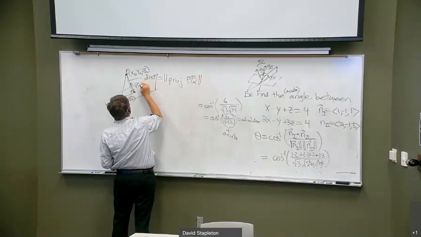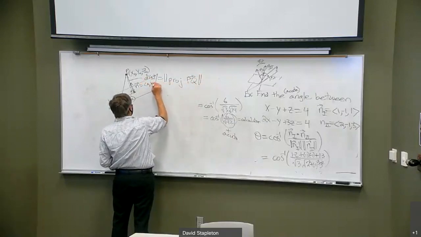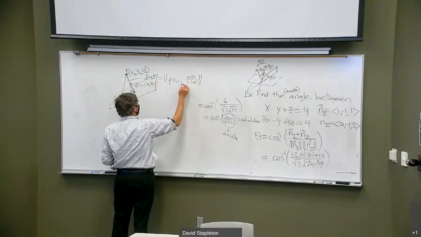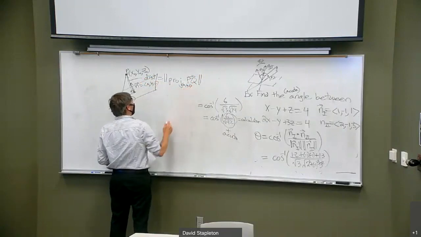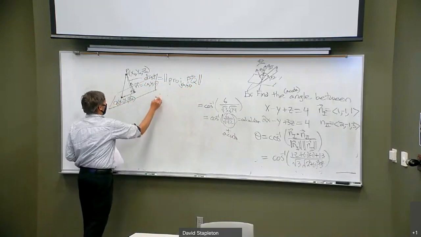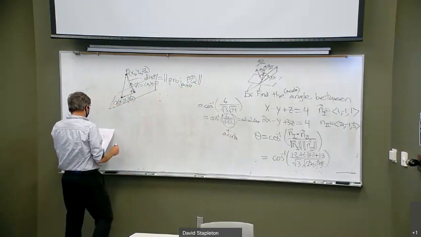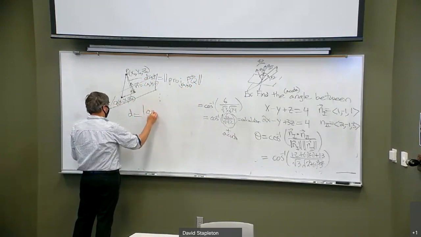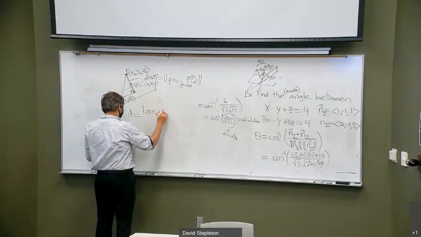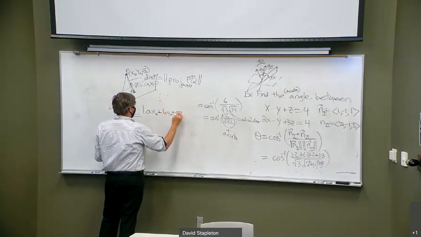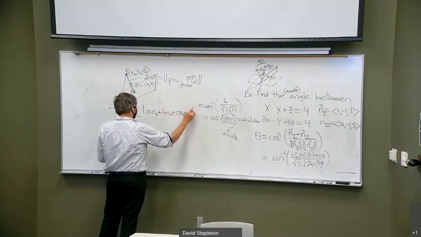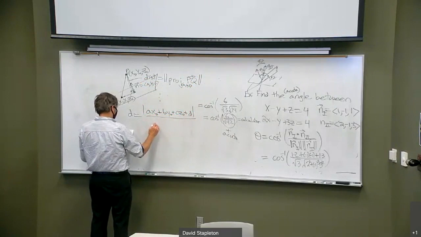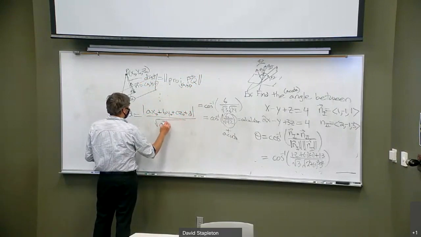So n is ABC, from the plane equation. And if you work that out, you get this nice formula that the distance is actually equal to the absolute value of Ax0 plus By0 plus Cz0 plus D, over the square root of A squared plus B squared plus C squared.